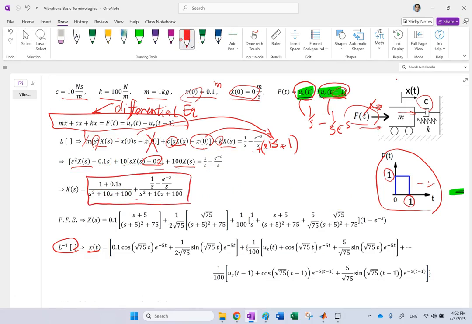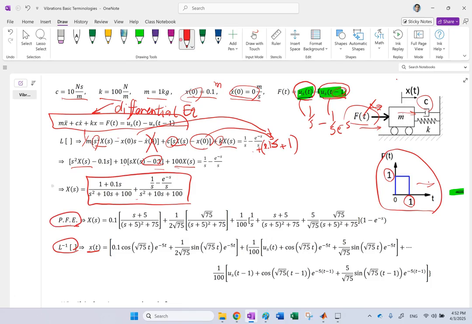No, there is no function in those tables that has this big of a guy as its Laplace. So you have to break this big rational function into smaller terms, into its constituent terms. So to do that, we need to apply partial fraction expansion, PFE.